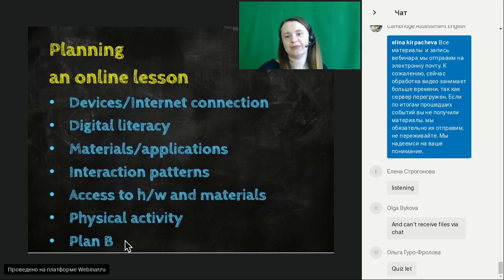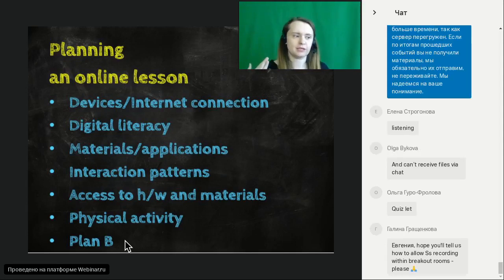And we need to have a plan B, some activities that will always work and that we can give our students no matter what internet connection, no matter what problems we have.